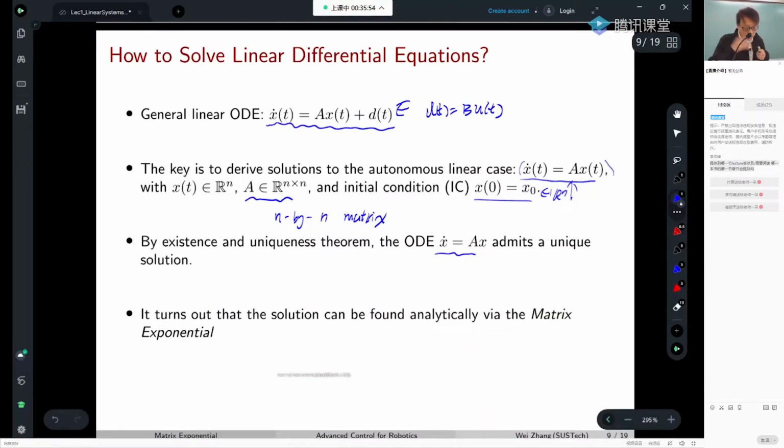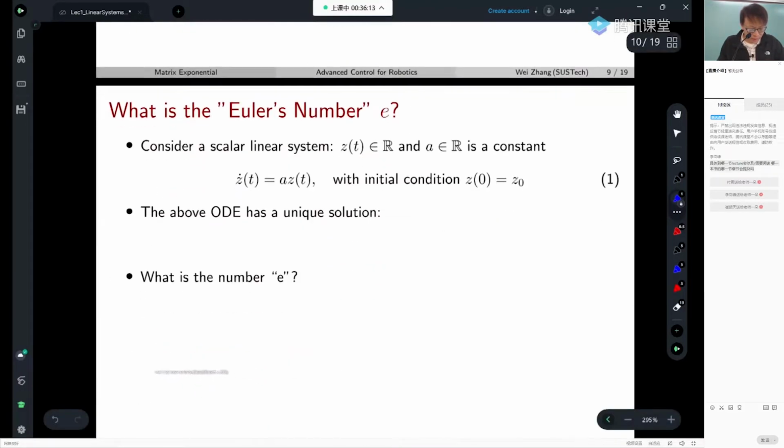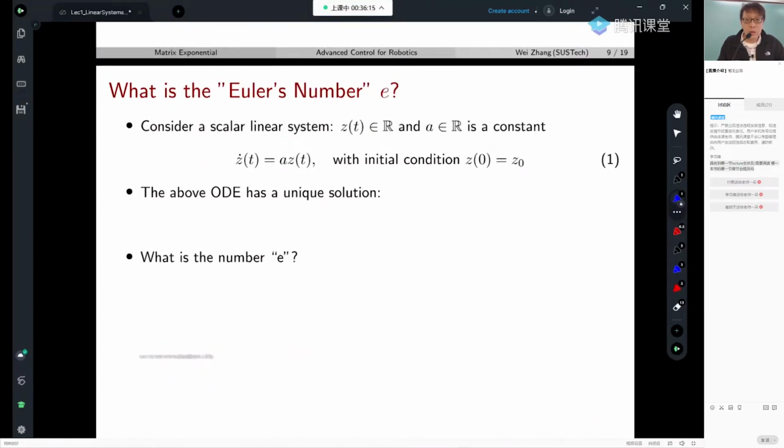It turns out the solution can be found analytically with the so-called matrix exponential. That's why we need to introduce it. Before talking about the matrix exponential, let's recall the exponential, Euler's number, in the scalar case. I assume you know this solution. Do you or not, Ruben? If this is a scalar case, do you know the solution?